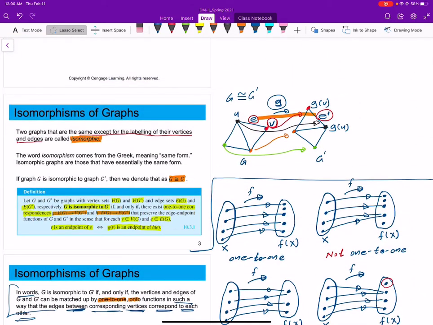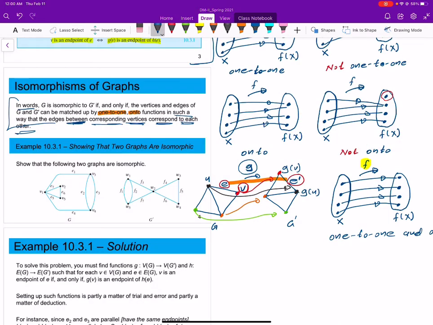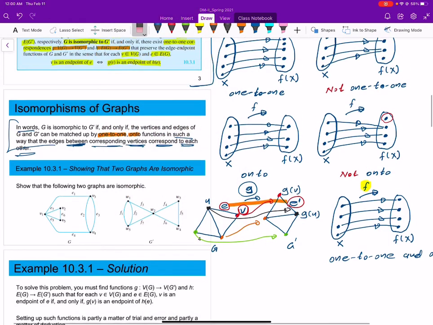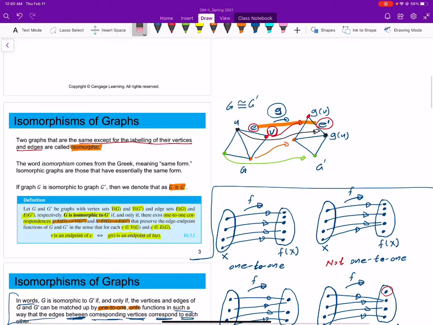I will take this new mapping out, because that is not relevant to that graph.